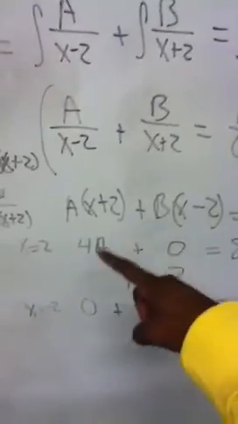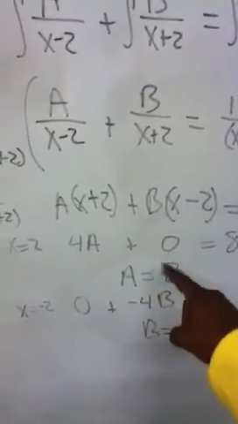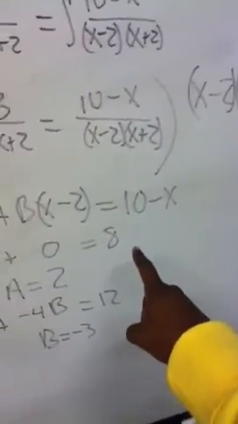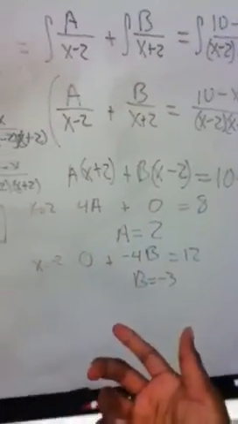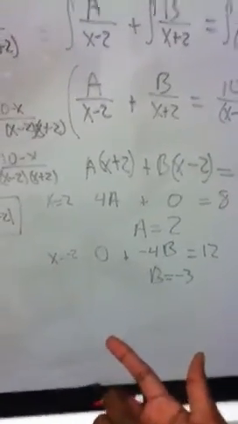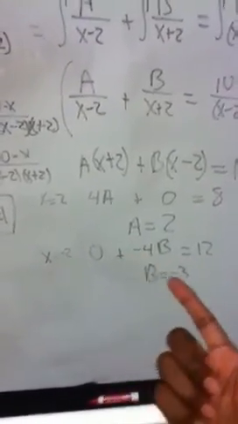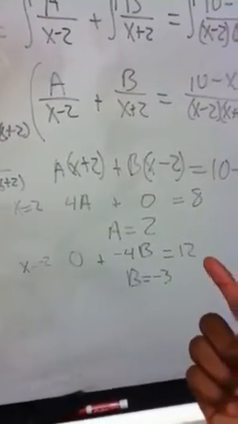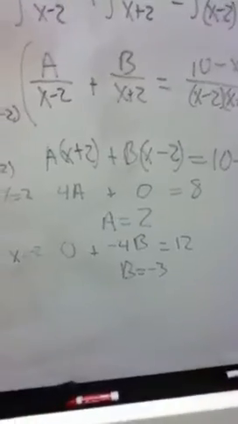If we set x equal to 2, we're going to get 0 here, we're going to get 4a here, and we're going to get 8 over here. That easily solves out for a equals 2. We'll do the same thing when solving for b. We set x equal to -2 to cancel out the a. We'll get -4b, and that's going to be equal to 12. And so b is going to be equal to -3.